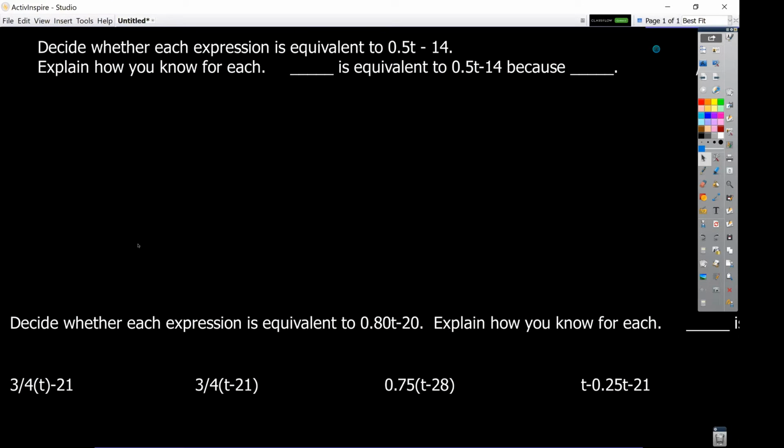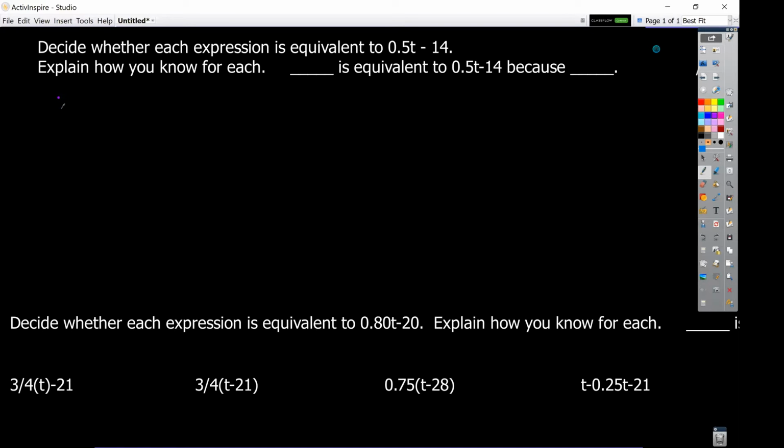Okay, so let's look at how we can find some equivalent expressions. One thing you guys need to observe about the expression 0.5 times t minus 14 is that 0.5 can be written in fraction form, and you guys know that 0.5 is a half. 0.5 is also equivalent to 50%.